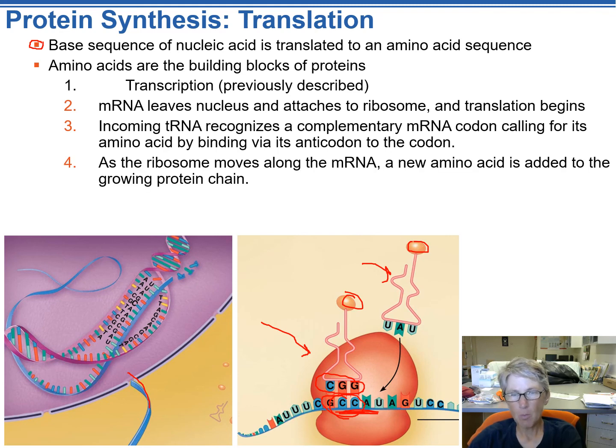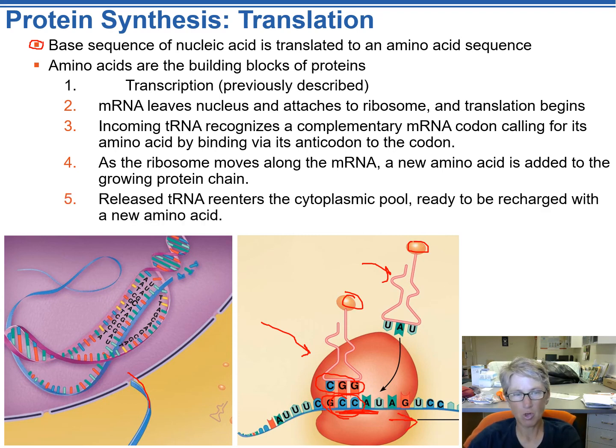As the ribosome moves along the messenger RNA, a new amino acid is added to the growing chain. And then when the transfer RNA has hooked its amino acid up to the growing chain, transfer RNA minus its amino acid goes back into the cytoplasmic pool.